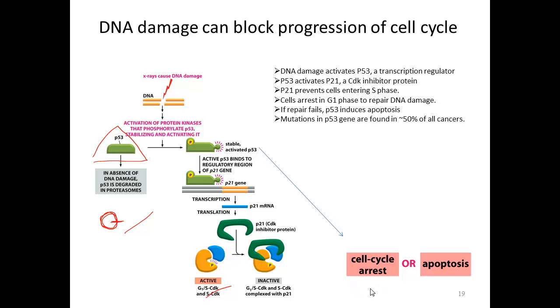Now that the checkpoint has been blocked, the cell has to make a decision: cell cycle arrest plus DNA repair, or give up and commit cellular suicide known as apoptosis. And the mechanism for this decision is pretty interesting, or the suspected mechanism is. It depends specifically on the amount of DNA damage.